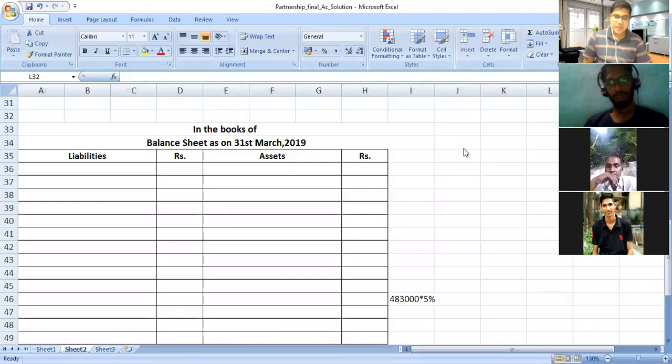And the balance sheet total, on both sides, 2,32,180. This particular problem you can easily solve. If you have any doubt, I will be there. You can share any kind of doubt.